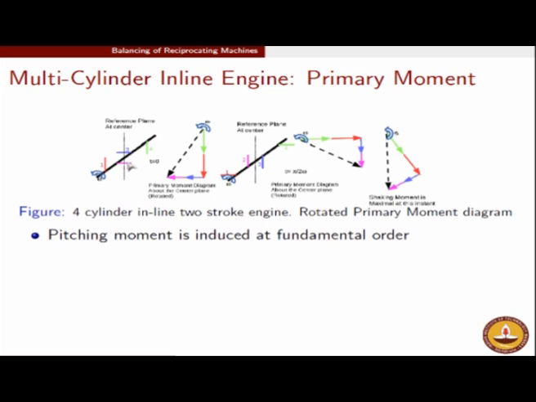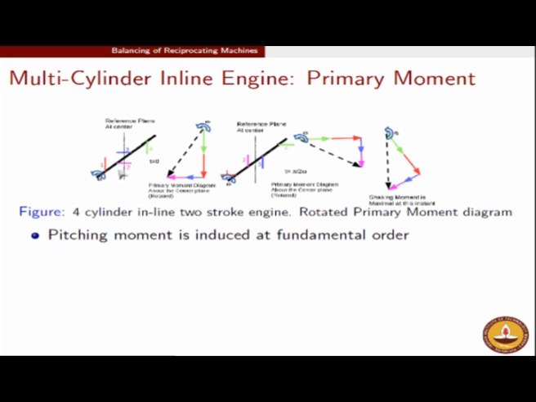We already know the convention that the moment associated with the right of the reference plane has the same direction as the orientation of the unbalance, that is the rotated moment convention. So the green moment is in the same direction as the orientation of the unbalance, whereas the red moment is opposite to the direction of the unbalance.